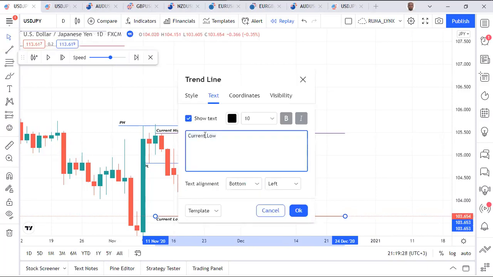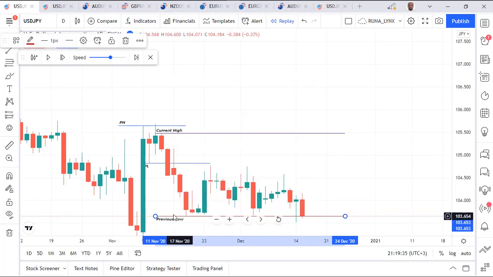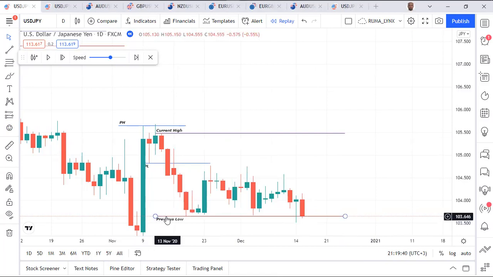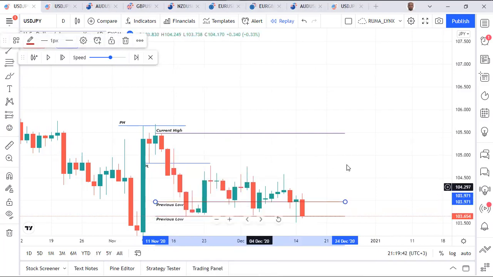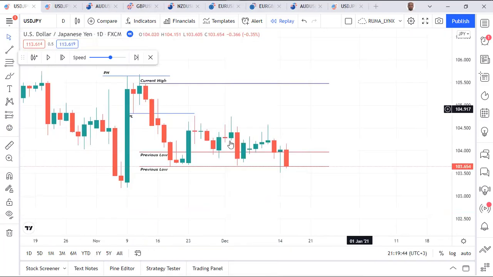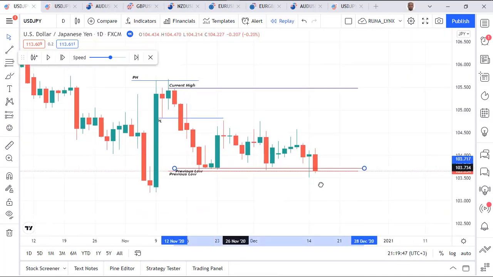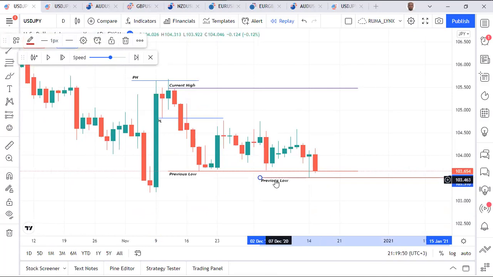So this will be my previous low so that we don't lose track. Then this should be my new low.